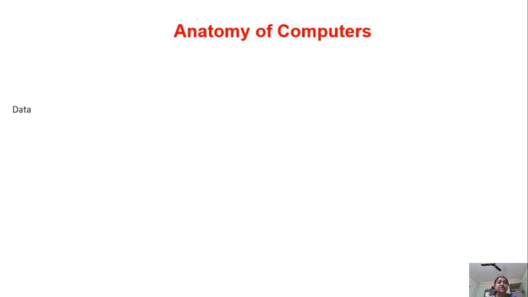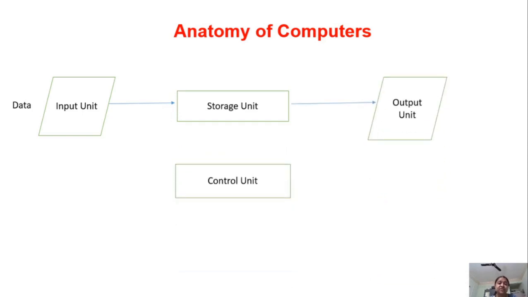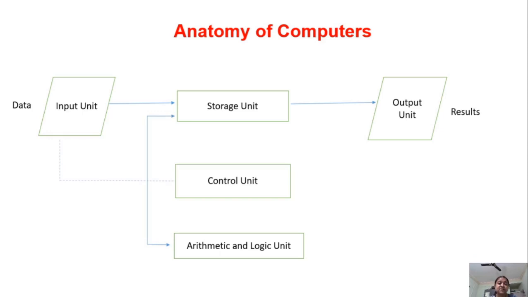Anatomy of computers. Data, input, storage unit, output unit, control unit, arithmetic and logic unit that gives results.